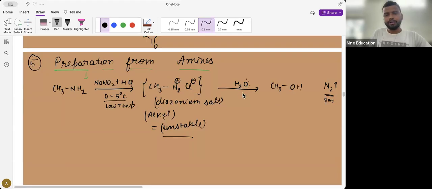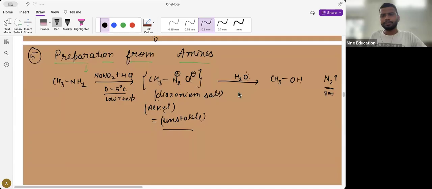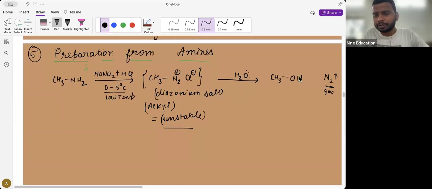Mechanism is not required. In further classes we will also understand the diazonium salt mechanism. In this class, you write the reaction giving CH3OH. Once the alcohol is made, you all know, if I want to convert this alcohol to alkyl halide, I can use Lucas reagent, or different things which I told in the last classes.